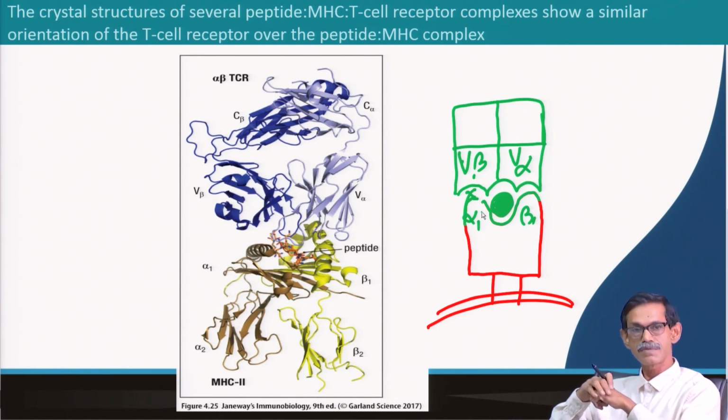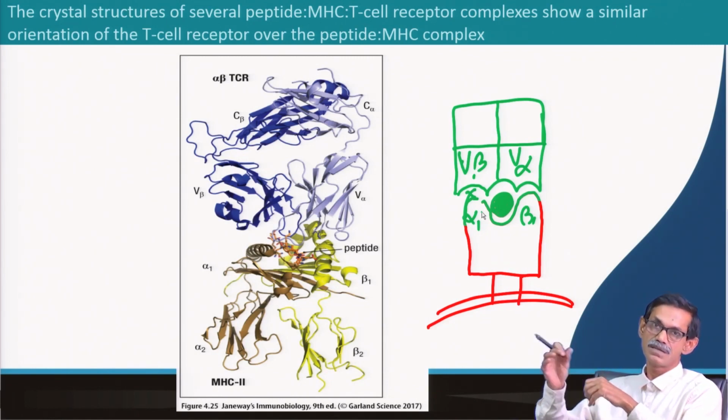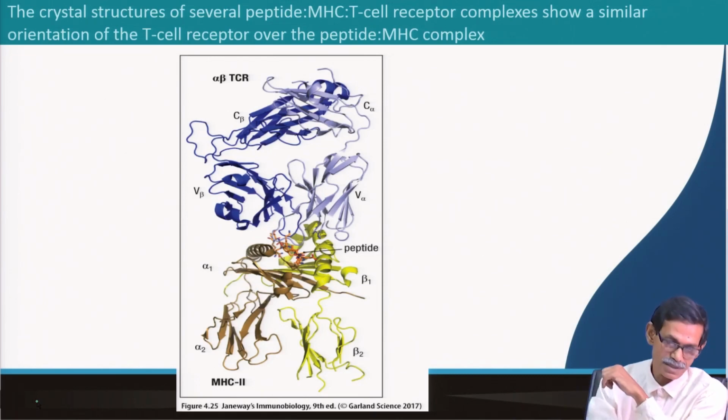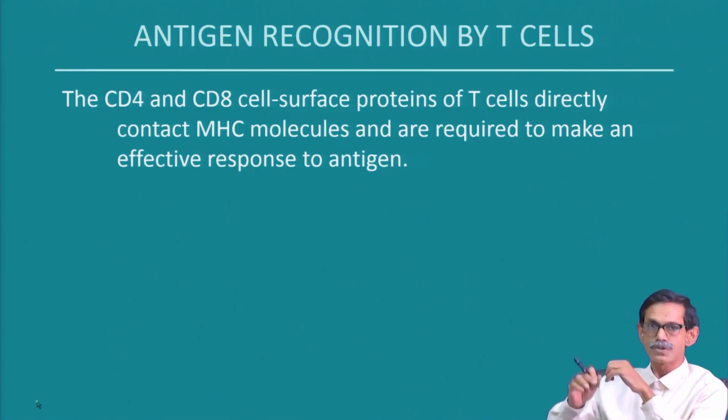Though there is a variety of MHC, it is not as much as the variety of antigen. MHC has a limited number, antigen is unlimited, right.